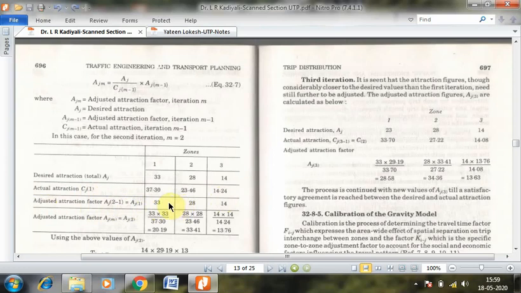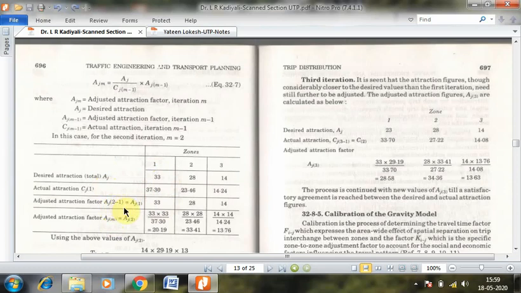Now don't make the mistake of thinking that Aj is the same as Aj2 minus 1, as you go ahead through the various iterations. It's not going to be the same as Aj. So don't get confused that since this 33 and this 33 are the same, Aj is equal to Aj2 minus 1.